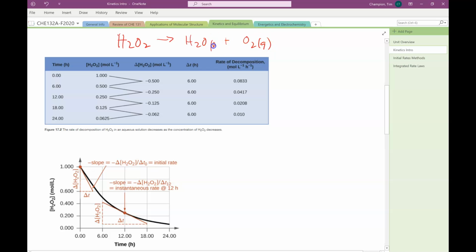To balance that we have to have 2 H2O2s, 2 waters, and that gives us 1 oxygen gas.